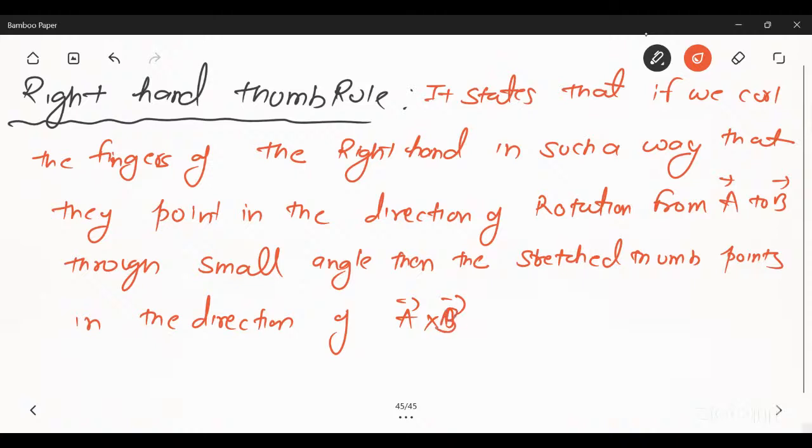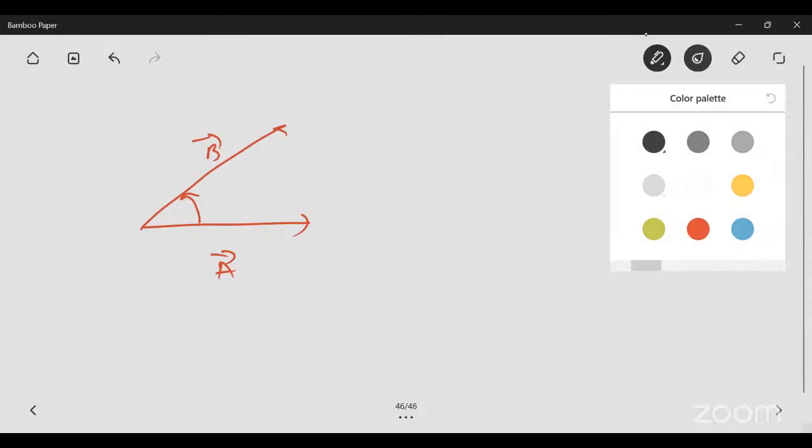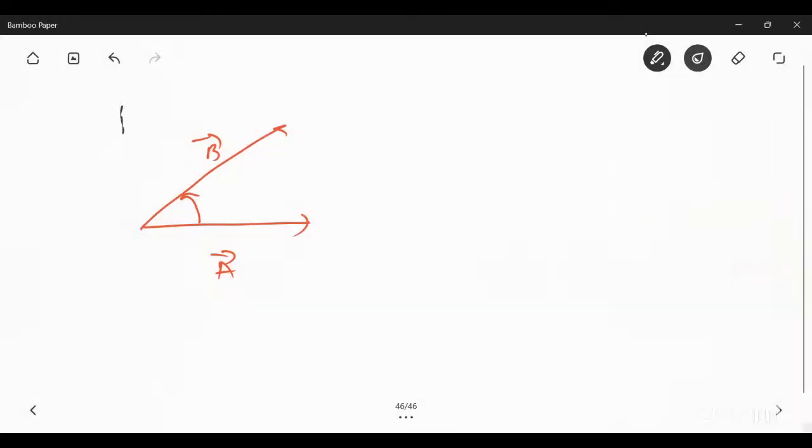Now see what I am saying. Suppose this is vector A and this is vector B. If you curl your fingers from A to B, then your thumb gives the direction of the vector perpendicular to both vectors, that means n cap. N cap gives the direction of the A cross B vector.